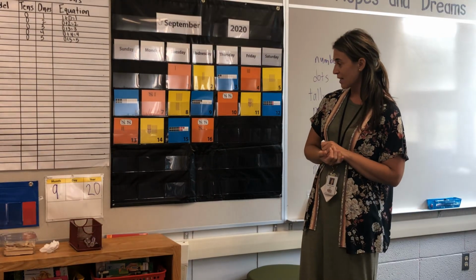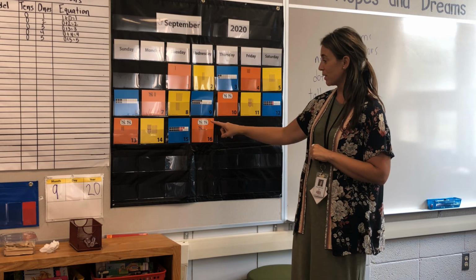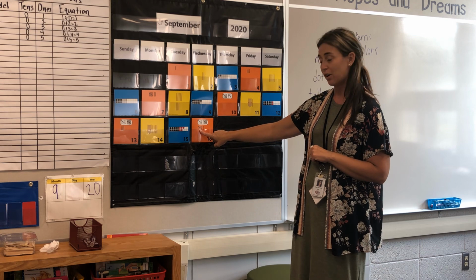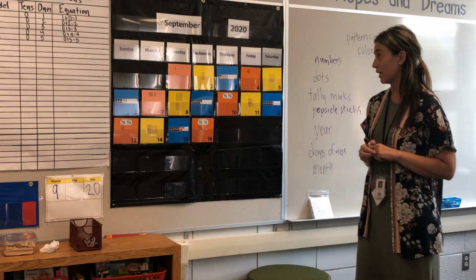I wonder if you notice anything else about those. You maybe notice that this is a group of 10, and then here are 5 more, and then there's another one over there.